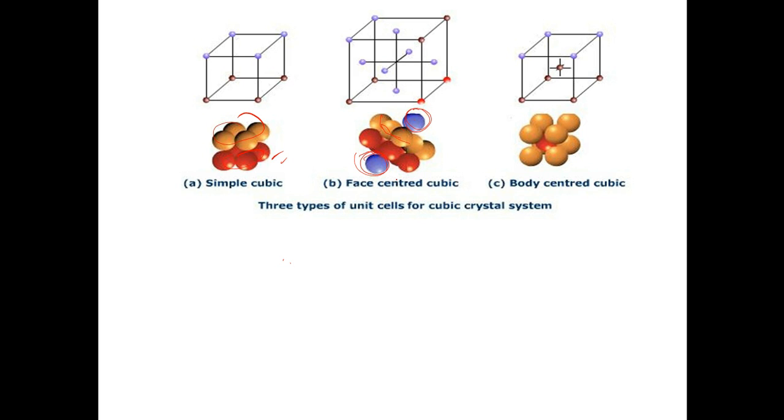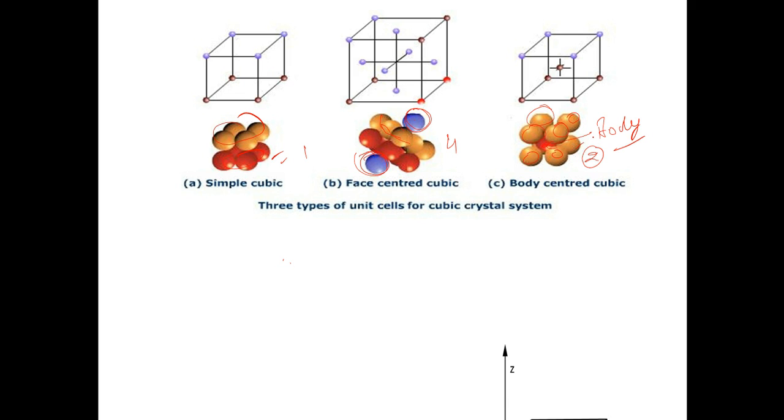So the total number of atoms is 4. This is body center. In body center you find this red atom which acts as the body center, so it contributes 1, and 8 atoms are present which will give you 1/8 part each. So the total number of atoms is 2.